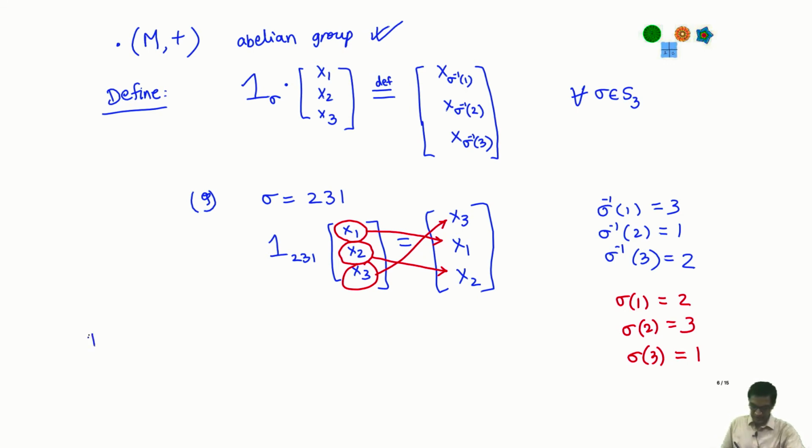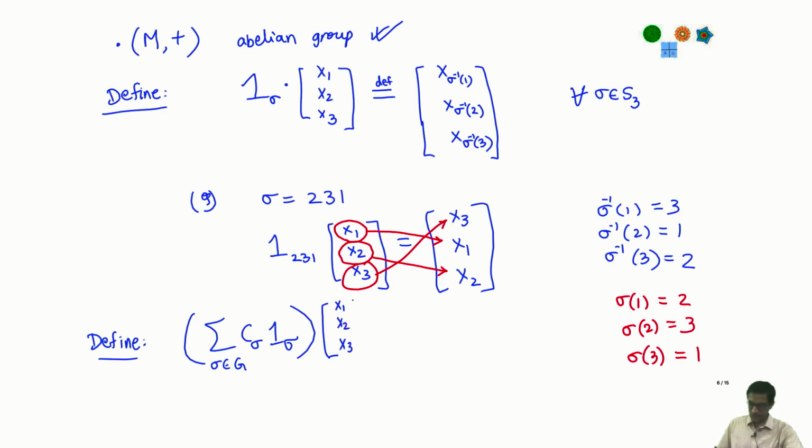So more generally, I need to complete the definition by saying, if I have a linear combination of these, the sum of C sigma 1 sigma, with sigma running over G, then that acts on a vector x1, x2, x3. I just expand this summation.